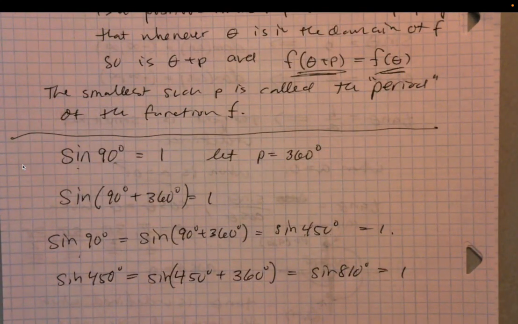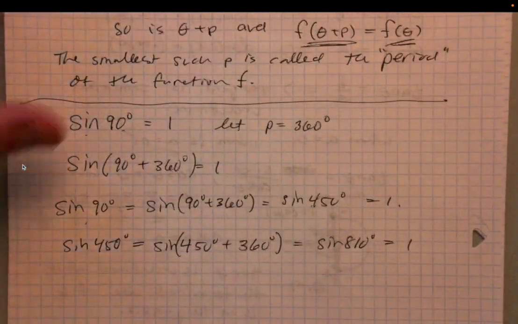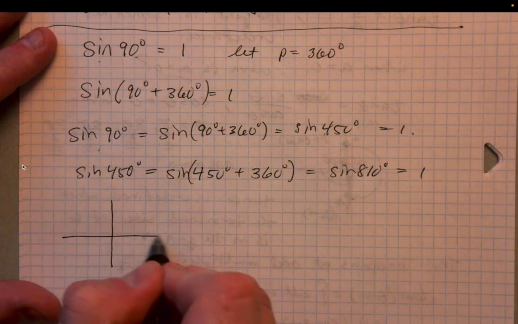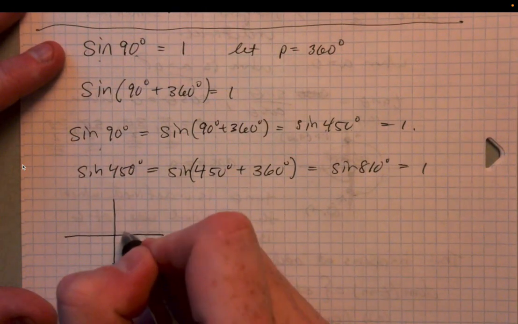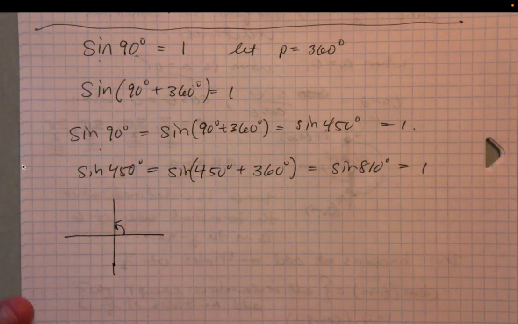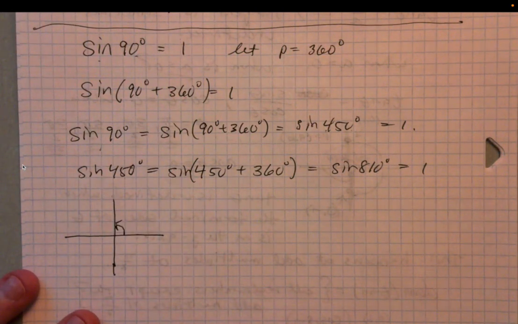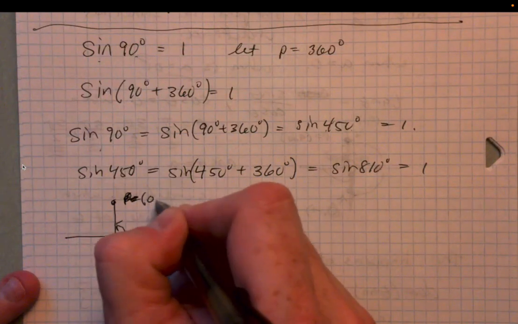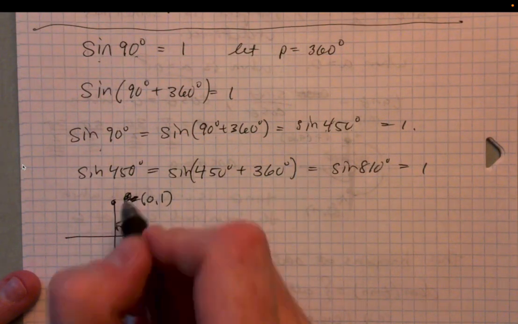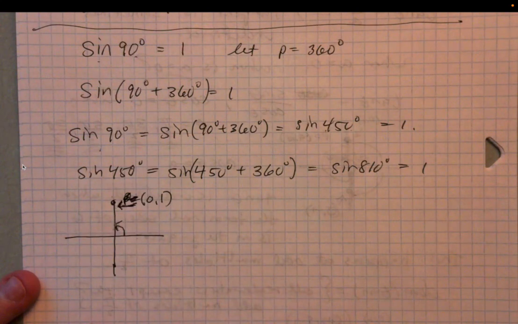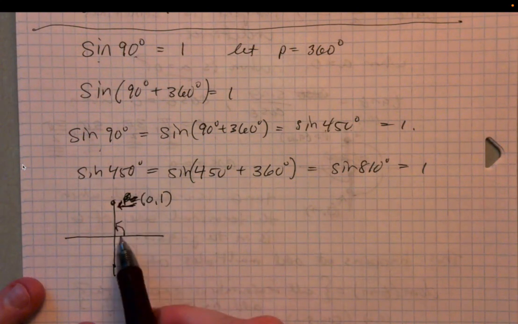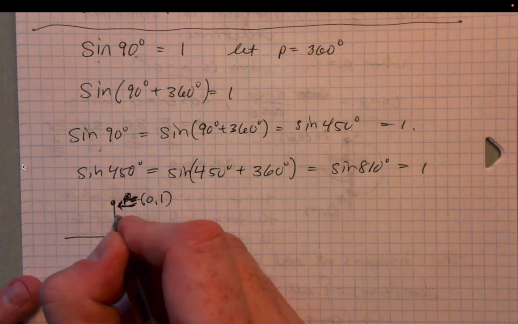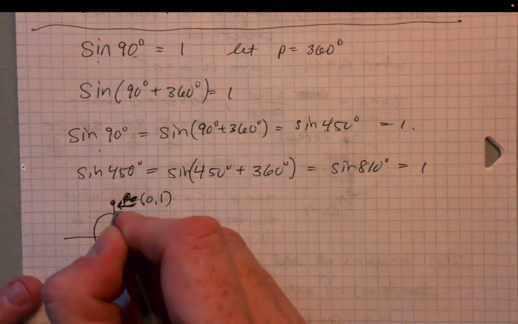Now, what am I really doing here? If you think about this in the context of a circle, I'm just going around again, aren't I? So here's 90 degrees. Sine is equal to 1 there. Let me just put 0, 1. So there's 90 degrees. Then 90 plus 360 would be going around, and then around again.